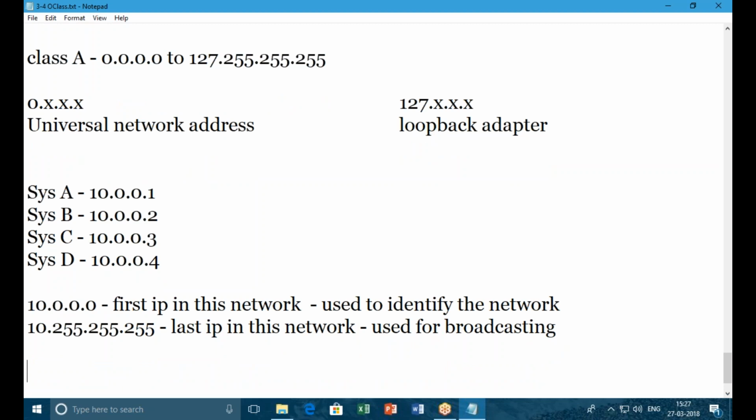Now, how many networks can you have in a class and how many devices can we connect in each network?